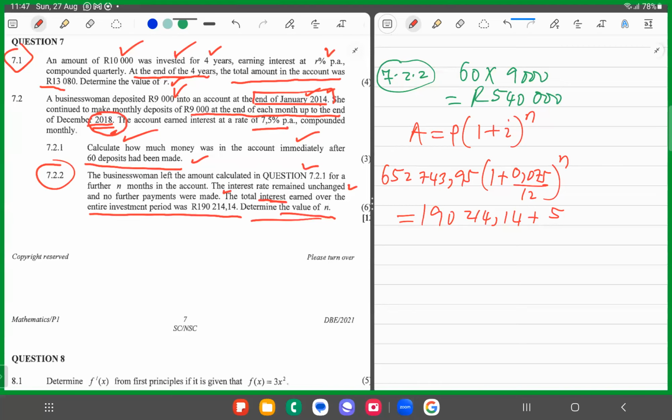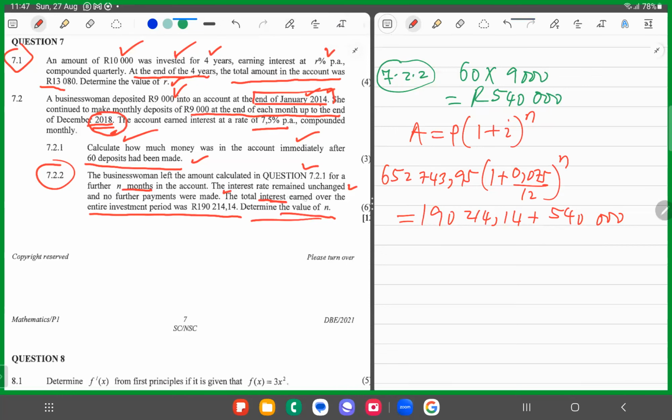So in other words, this is what we're going to get. 540,000. So this is the 652 that was left in the account. It grew for a given period, and when it grew for a given period, it reached maturity to this amount, but added to that would be the total amount of the 540,000 of the payments. Because they're saying the businesswoman left the amount calculated in 7.2 for a further 9 months in the account.